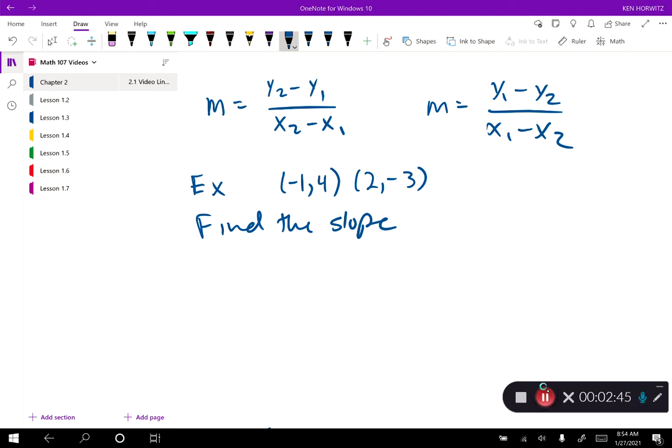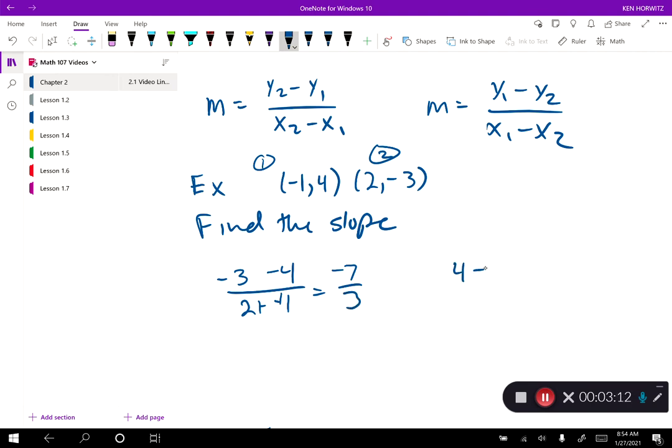Hopefully you plugged in. If I call this point 1 and this one point 2, then the first way would be -3 minus 4 over 2 minus -1, which would be -7/3.